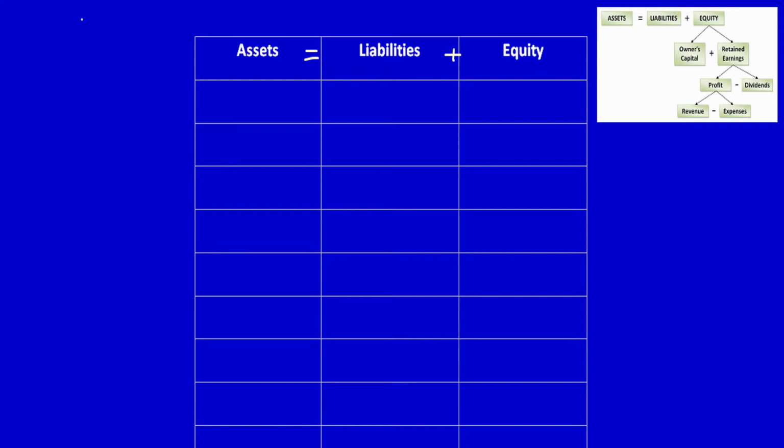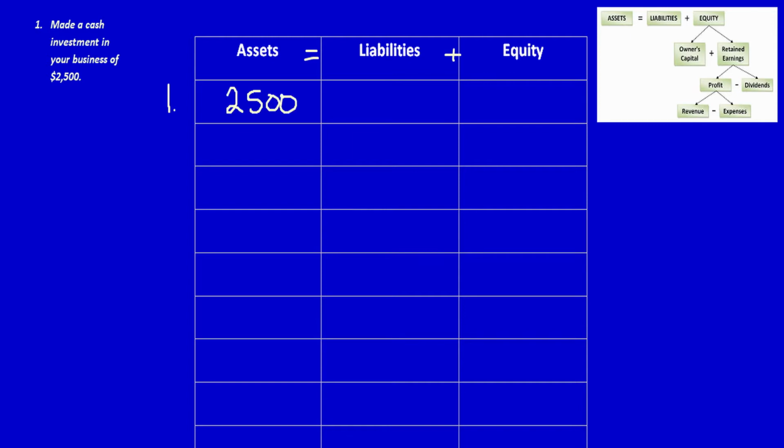Looking at the chart, we're going to read it. Made a cash investment in the business of $2,500. It says your business, but remember that we always record the transactions for a business from the business's point of view. So we're going to think about what did the business get and what did the business give away. The business got cash, which is an asset with future economic benefit. So assets increase $2,500.